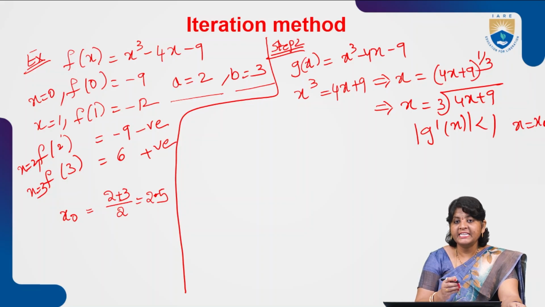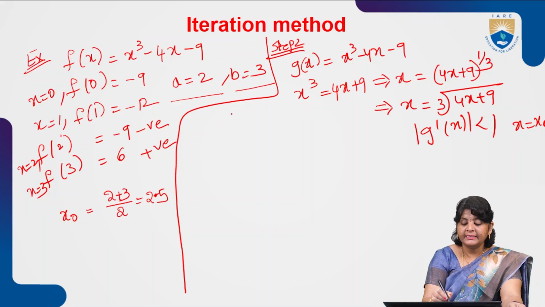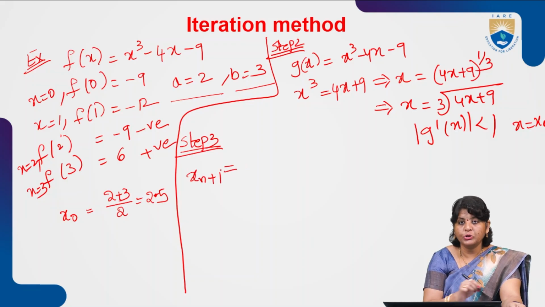Now for each and every value of x0, we will find out the root value. So for the iteration method, the formula is x(n+1) is equal to, now I am going to consider this as g of xn, whichever function is given, that we need to use here.